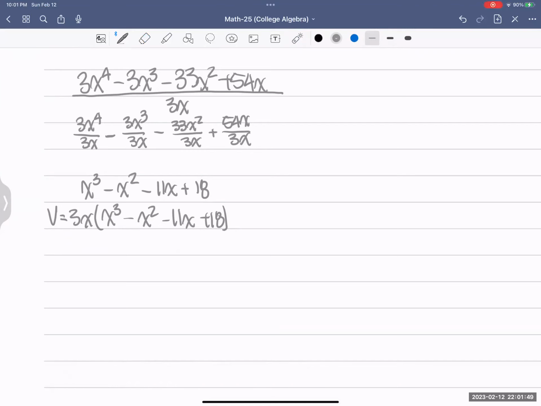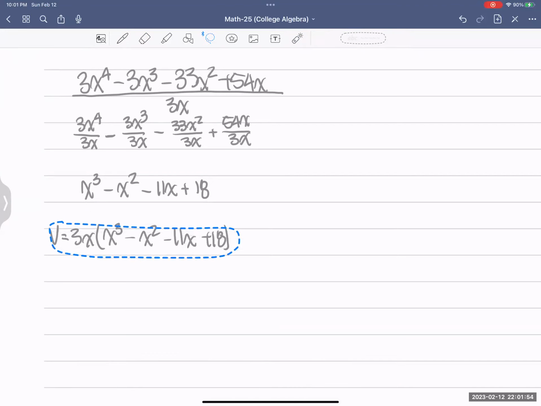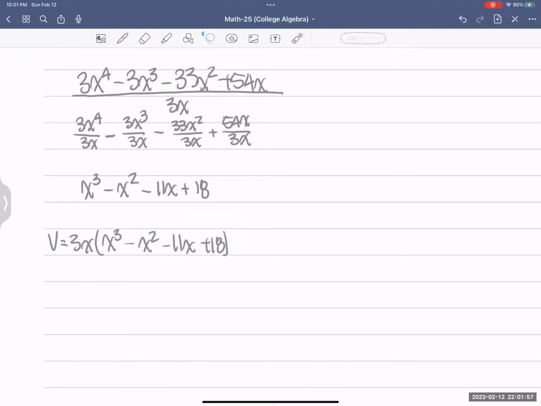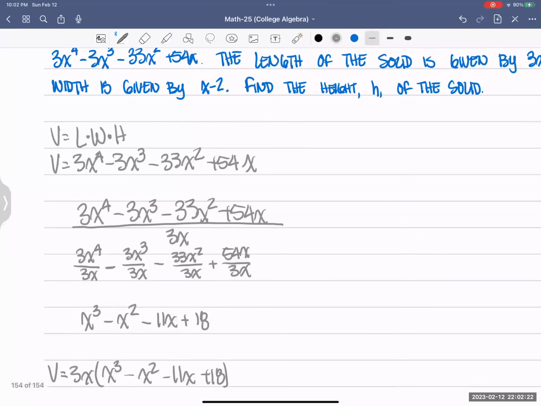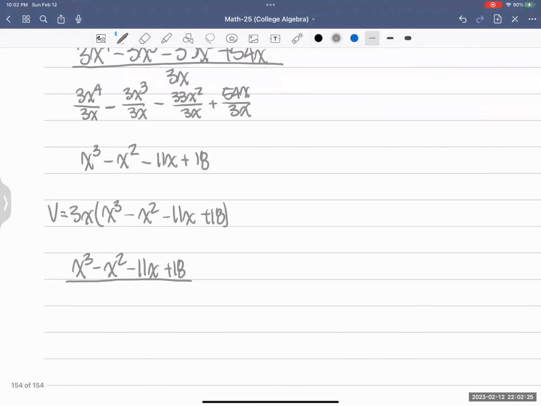Let's factor out our width from here to see where we're at. So this is our width times height. Let's divide out the width. What we're looking for is x cubed minus x squared minus 11x plus 18, and we're dividing out the width one more time, our x minus 2.